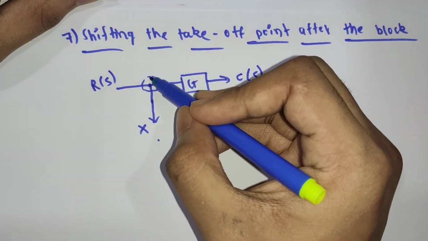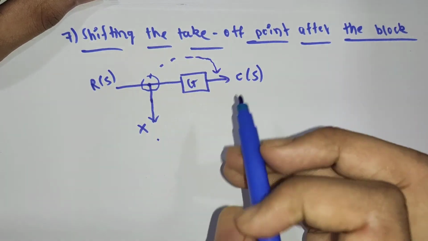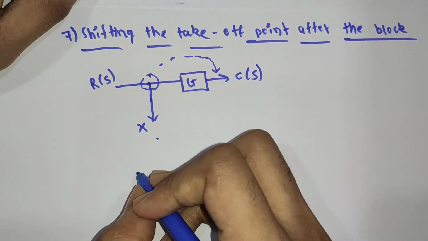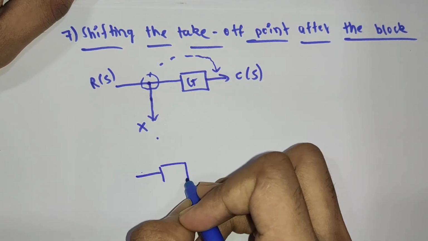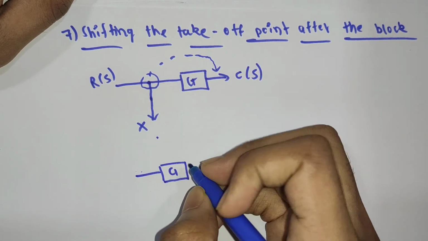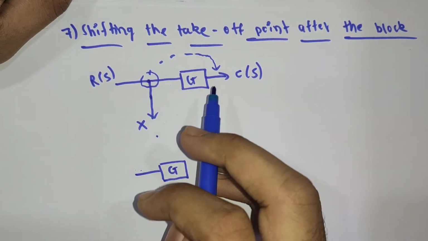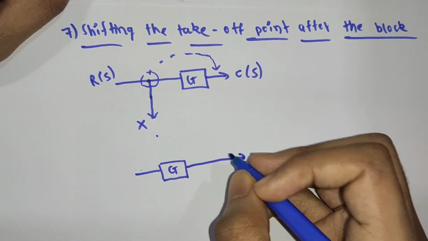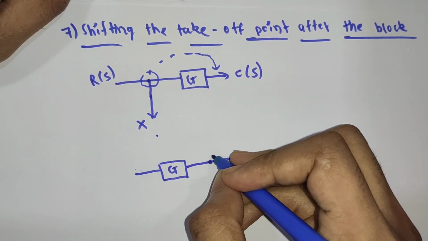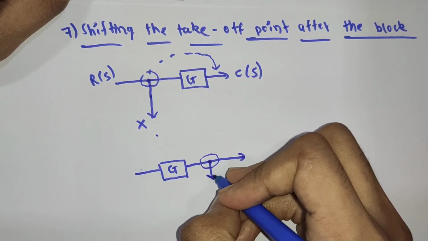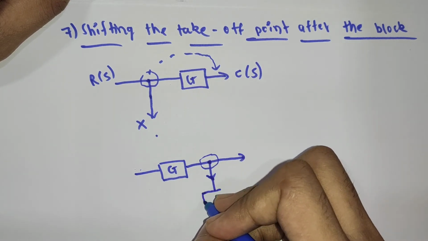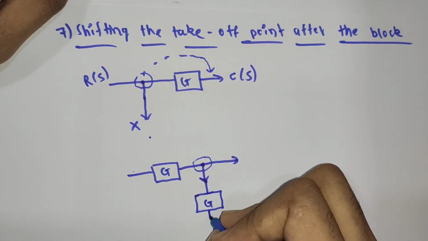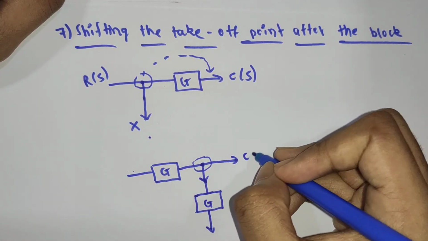Now I have to shift this point after the block, and the feedback loop will be multiplied by 1 by G in this case, or 1 by the gain of the block after which we are shifting.